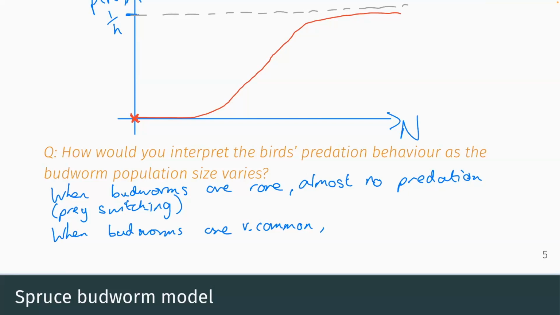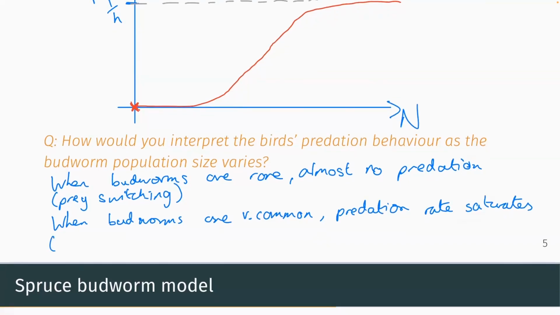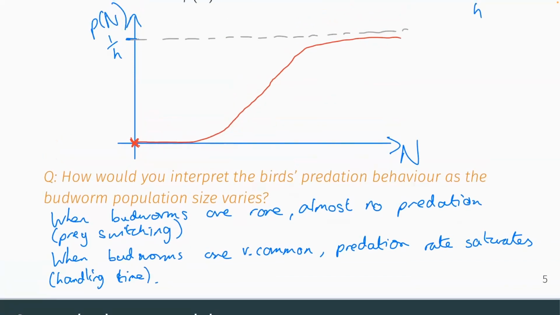When budworms are very common, the predation rate saturates, and it saturates due to handling time. And in between, as the budworms become more common, there's this switching over, so the birds start predating on them more until eventually it saturates. These are the two key points: what happens when they're very rare and when they're very common?